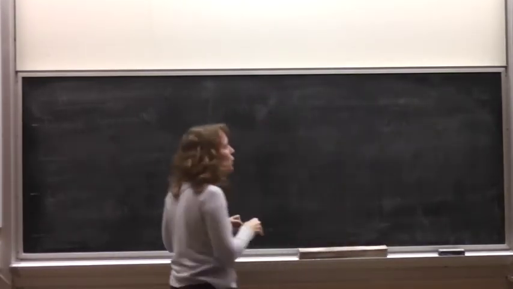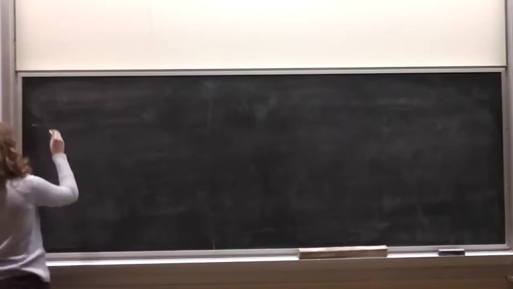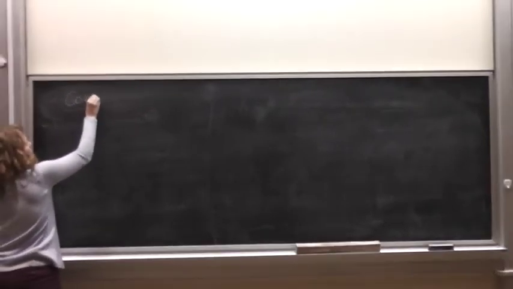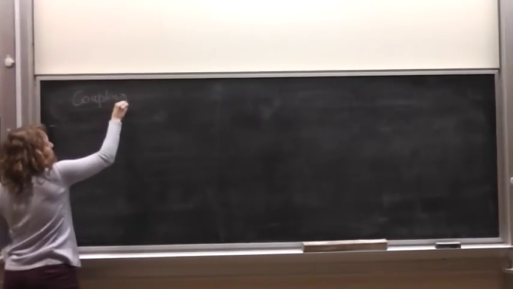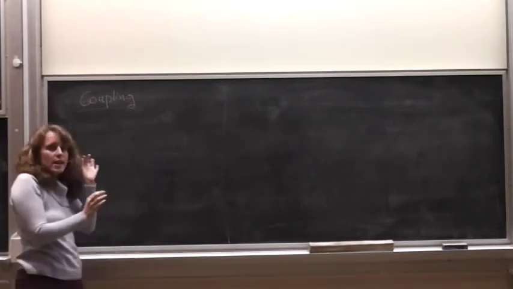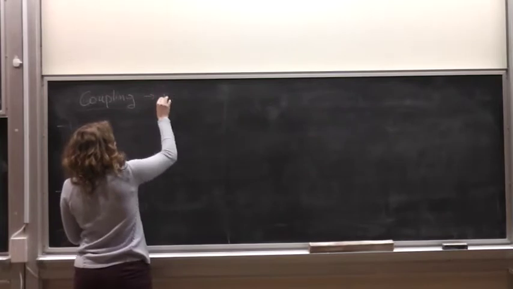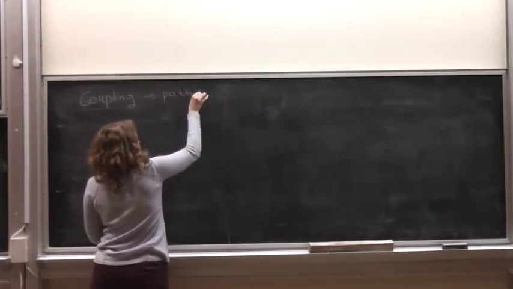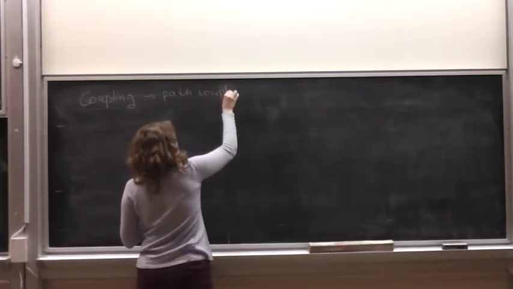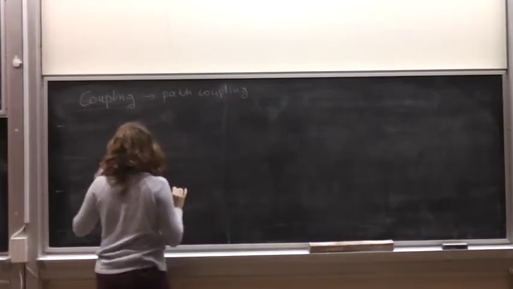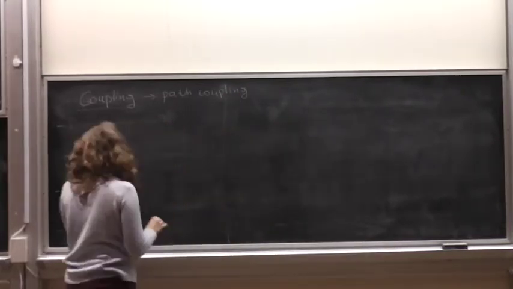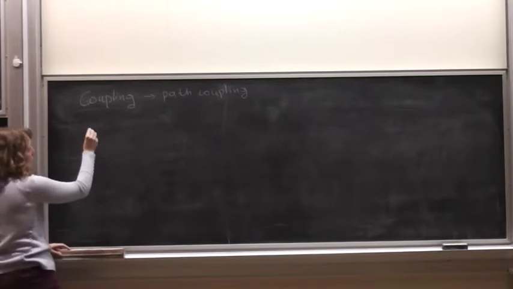So the technique that we use for part A is coupling, or in fact something a little bit more sensitive than that. We use path coupling. So let's explain this. In fact, let's use the definition of the total variation distance that I care about.